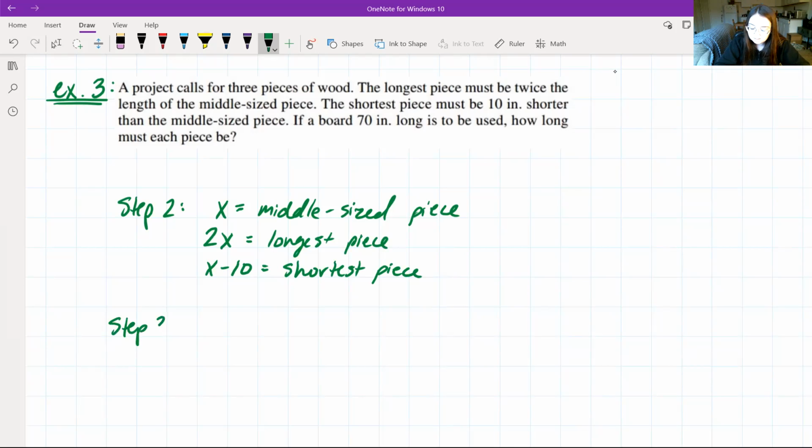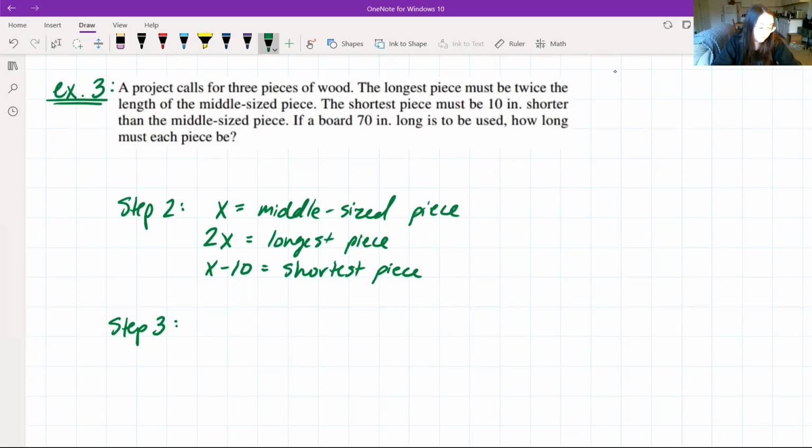So now we can move on to step 3, where step 3 is our equation. And we know that the total length we're using is 70 inches. So we need to see how long each piece has to be to equal 70 inches.